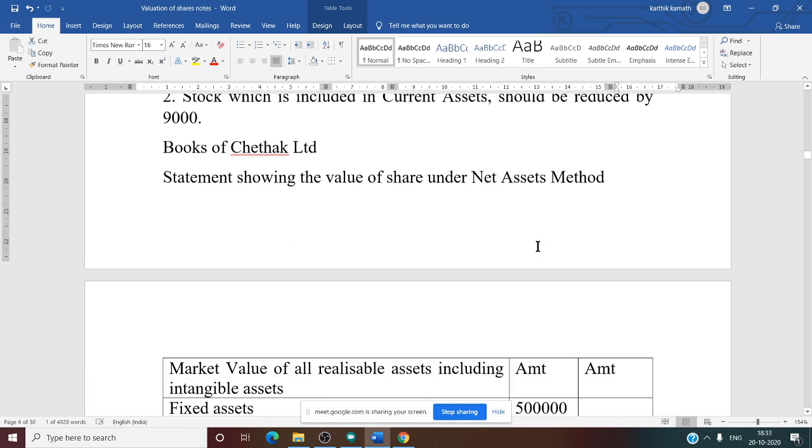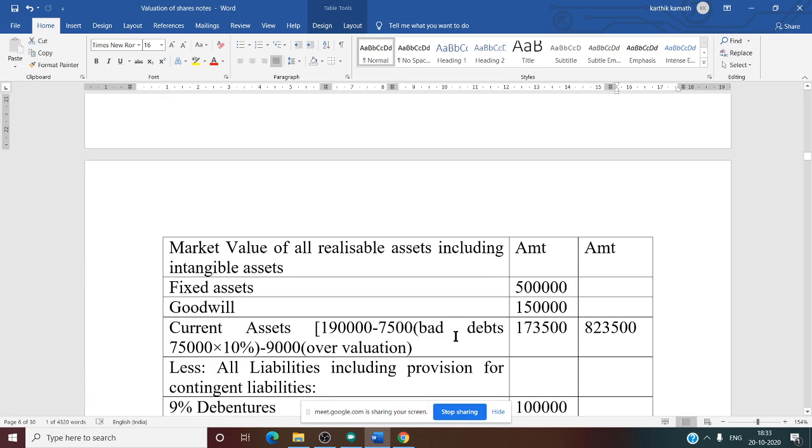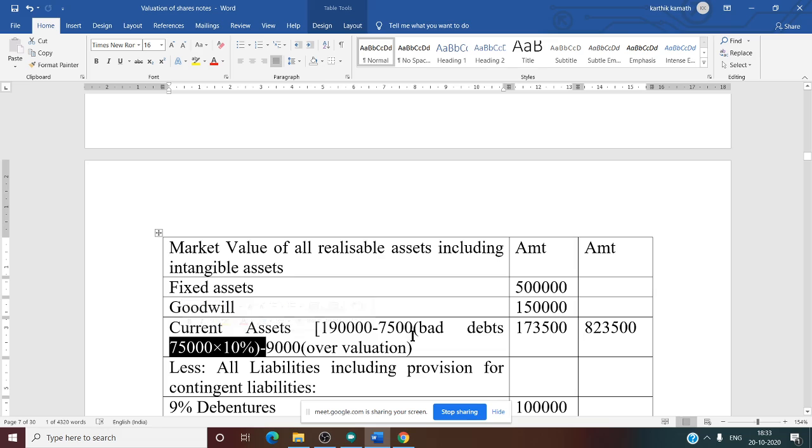From that we need to deduct certain things. What are those? One is bad debt. How to deduct bad debt? 75,000 is debtor they said in the adjustment. So from 75,000, 10% reserve for RBD. 75,000 into 10%, 7,500 you will get. So from current asset minus bad debt amount, that is 7,500, that is 1,82,500.